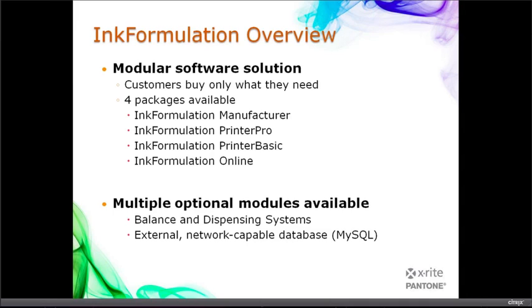This can be used by large or global companies who would like to work from a central database, and they have different locations throughout the world. There are also different modules available that can be connected to InkFormulation. For example, the balance and dispensing module helps the user so that when he or she makes an ink recipe, it can be sent directly to a balance or a dispensing system through the software by one click.